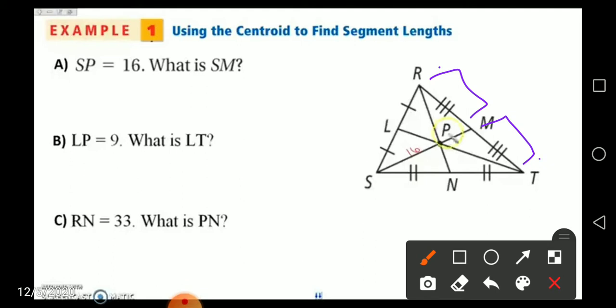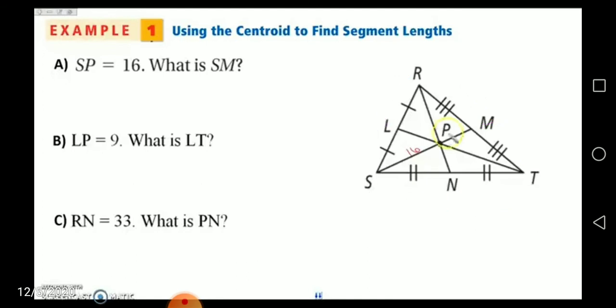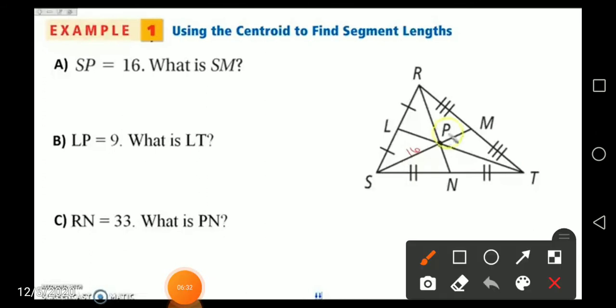RT is divided into two equal segments, which are RM and MT. And we have NT congruent to NS, and LR congruent to LS. So we have three medians: TL is a median, SM is a median, RS is another median.